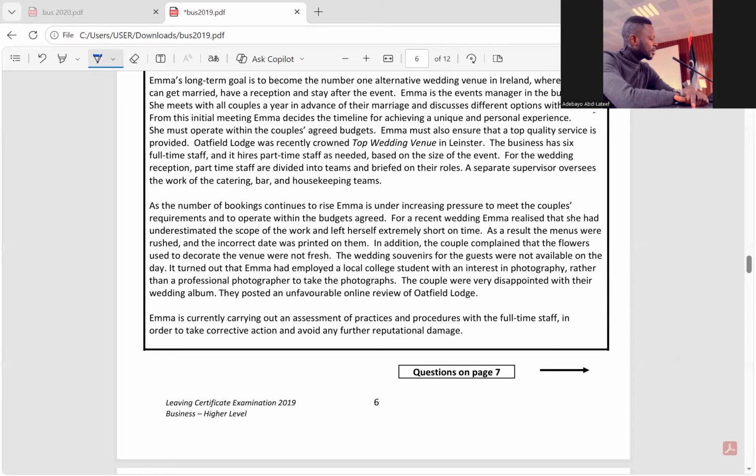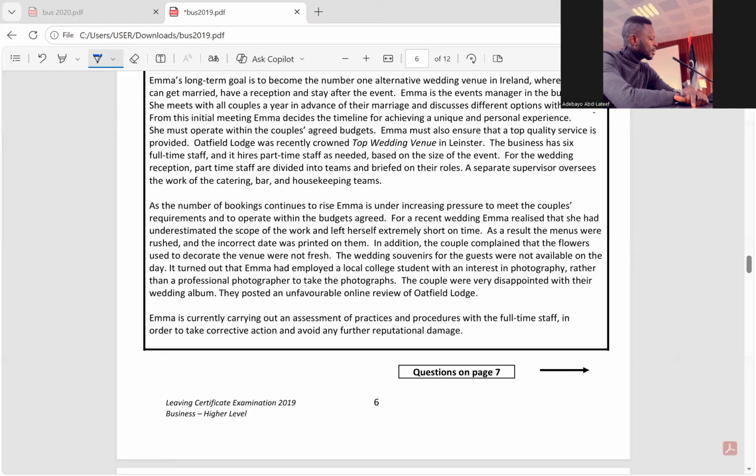In addition, the couple complained that the flowers used to decorate the venue were not fresh. The wedding souvenirs for the guests were not available on the day. It turned out that Emma had employed a local college student with an interest in photography rather than a professional photographer to take the photographs. Under the Companies Act of 1980, you must employ a qualified and skilled worker for every service you want to engage with customers.